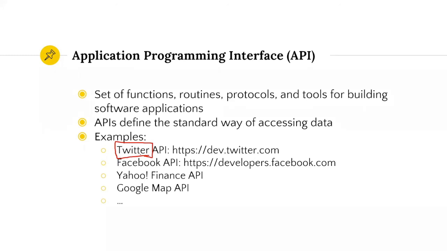And a lot of people want to access the information. So instead of allowing crawlers to do automated things that might not be compliant with the internal policy of Twitter, they decided to develop an application programming interface, which can be downloaded from dev.twitter.com.